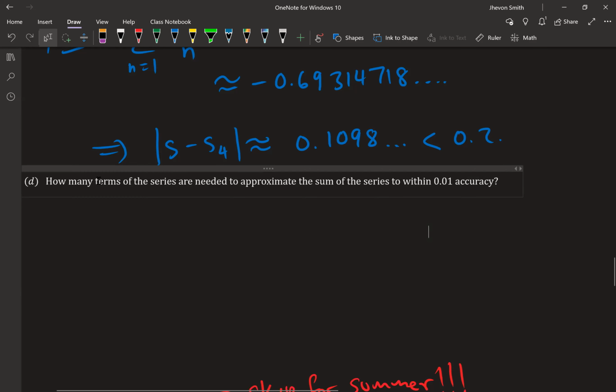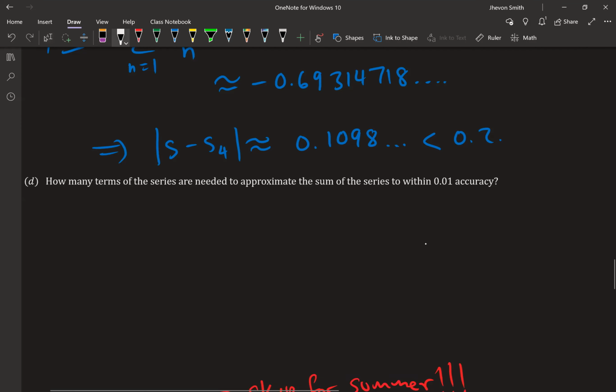So here's a question. How many terms would I need to approximate the series to within 0.01 of the actual answer? If I use 4 terms, I will be within 0.1 of the answer. But what if I wanted to be within 0.01? I want to be within 1% of the actual answer. How many terms would I need?